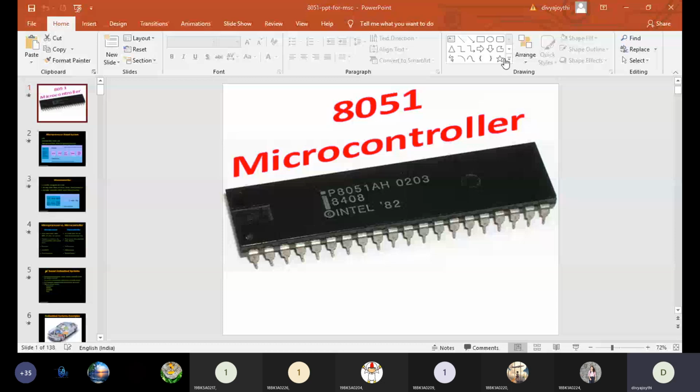Data memory: when you buy a computer, there are some softwares already installed so that the computer starts turning on and you can work on it. Did you observe? Whatever is installed are one-time installers; you people cannot install them.